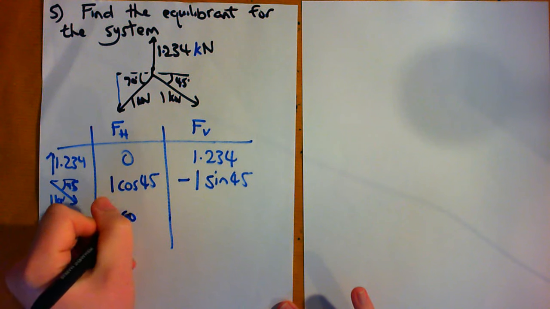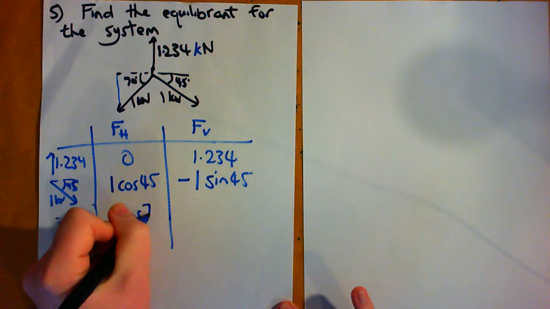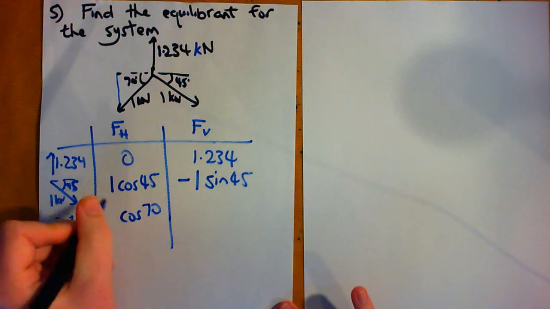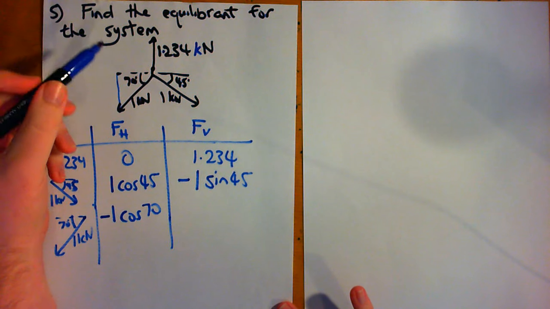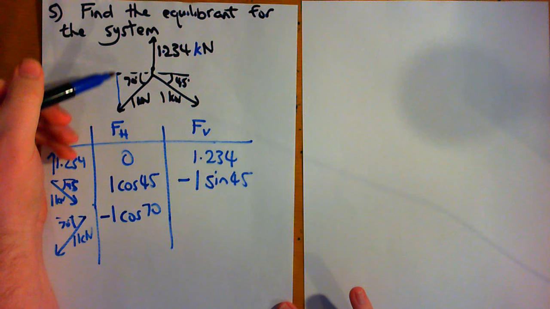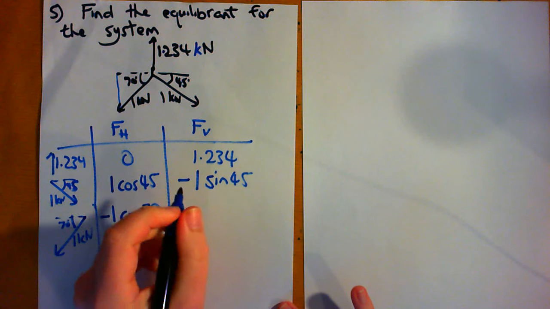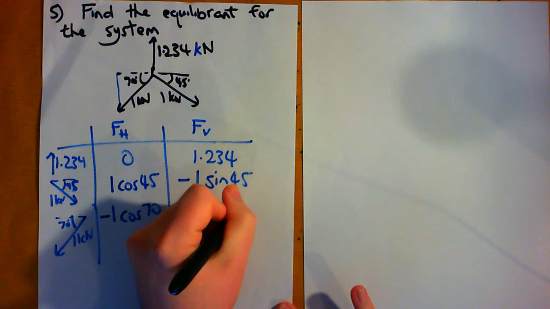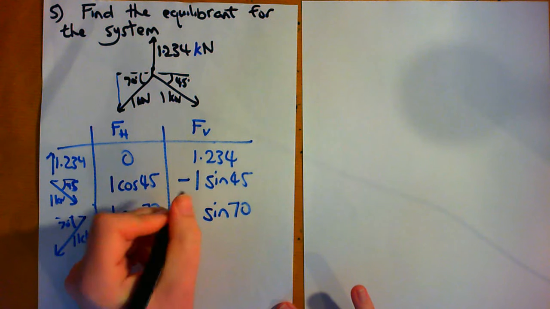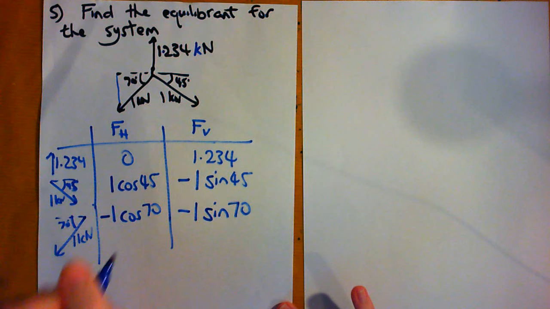So we're dealing with cosine of 70 degrees, and the hypotenuse or the magnitude of the force is 1. This is pointing to the left, which makes it negative, and the vertical component is going to be the opposite side, so that's sine of 70 degrees, and the length is 1, pointing downwards makes it negative.